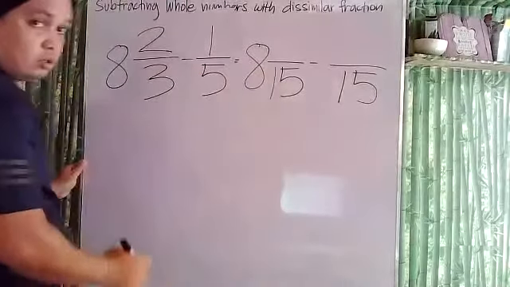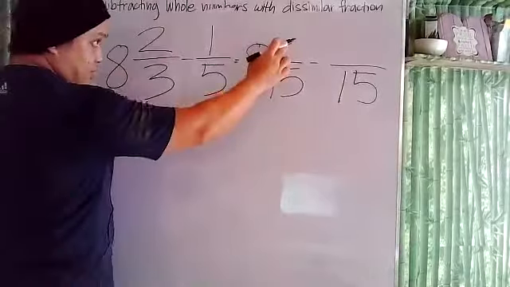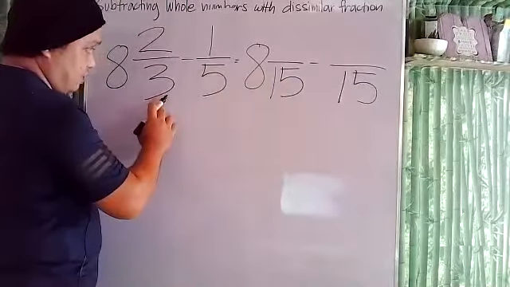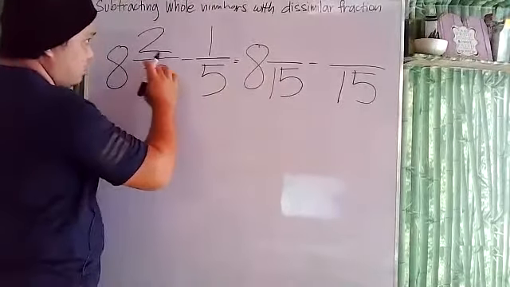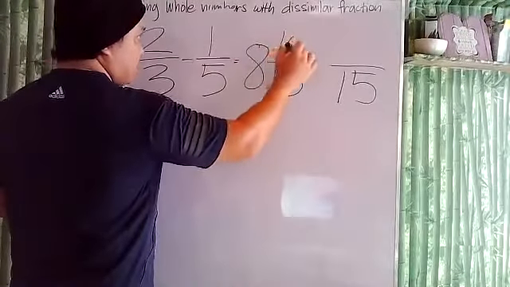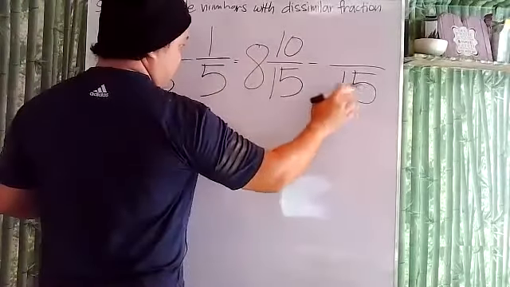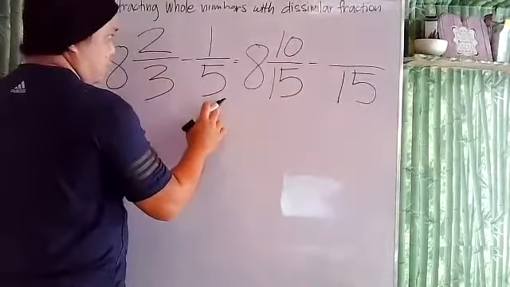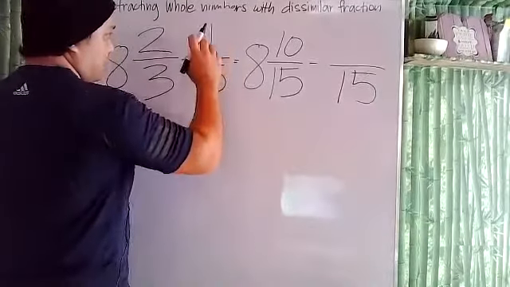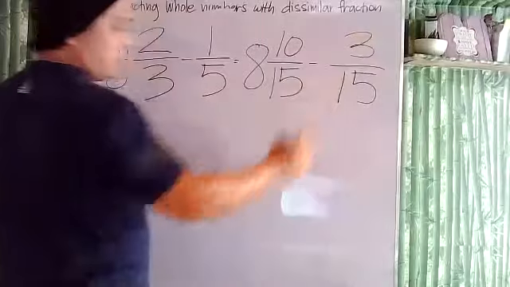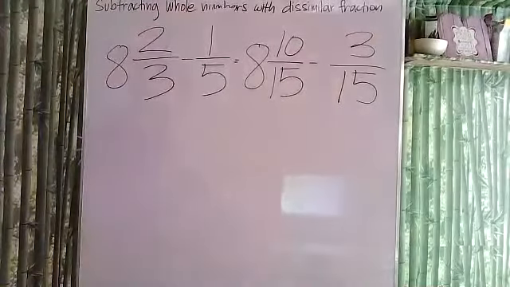Okay, so to get the numerator, divide and multiply. 15 divided by 3 is 5. 5 times 2 is 10. Okay, and let's get this. 15 divided by 5 is 3. 3 times 1 is 3. Okay, so we have 10/15 minus 3/15.